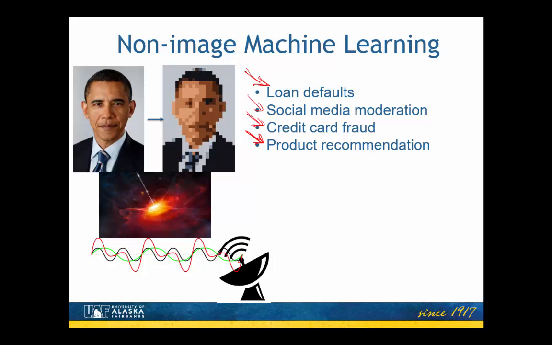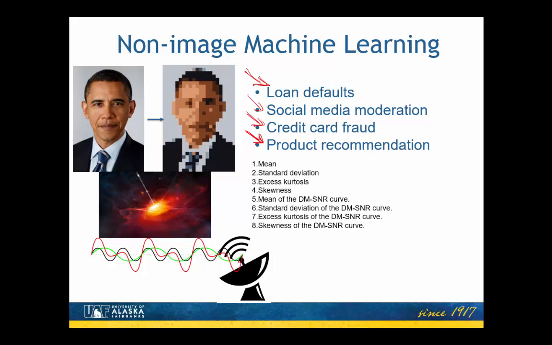What we want is for our machine learning to say, hey, I'm looking at a pulsar. And how does it do this? Well, you look at the signal that's coming in, and you compute some statistics. You can find the mean of that signal, the standard deviation, the kurtosis, the skewness. There's all sorts of stuff you can do.